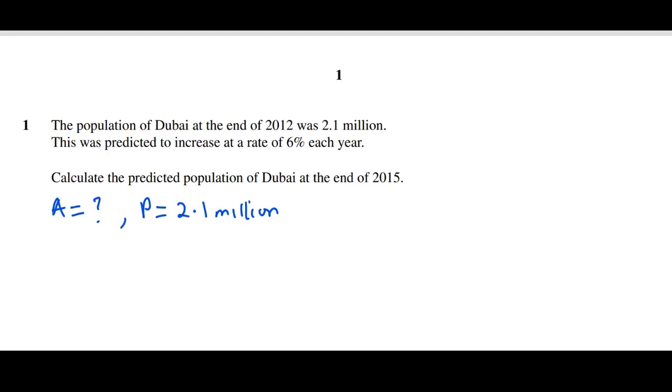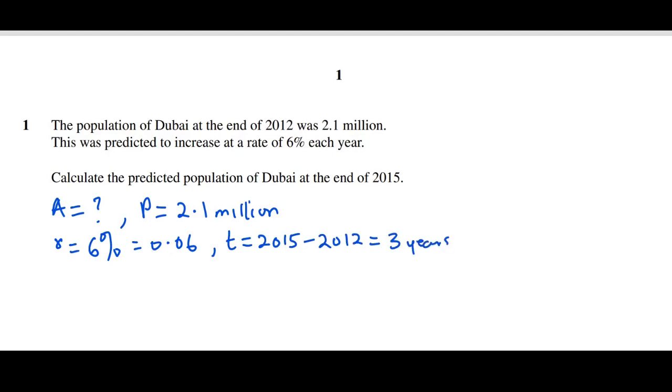The rate of growth is 6%. 6% is 0.06. And then the time between 2012 and 2015, the time is 3 years. So now we can look at this.